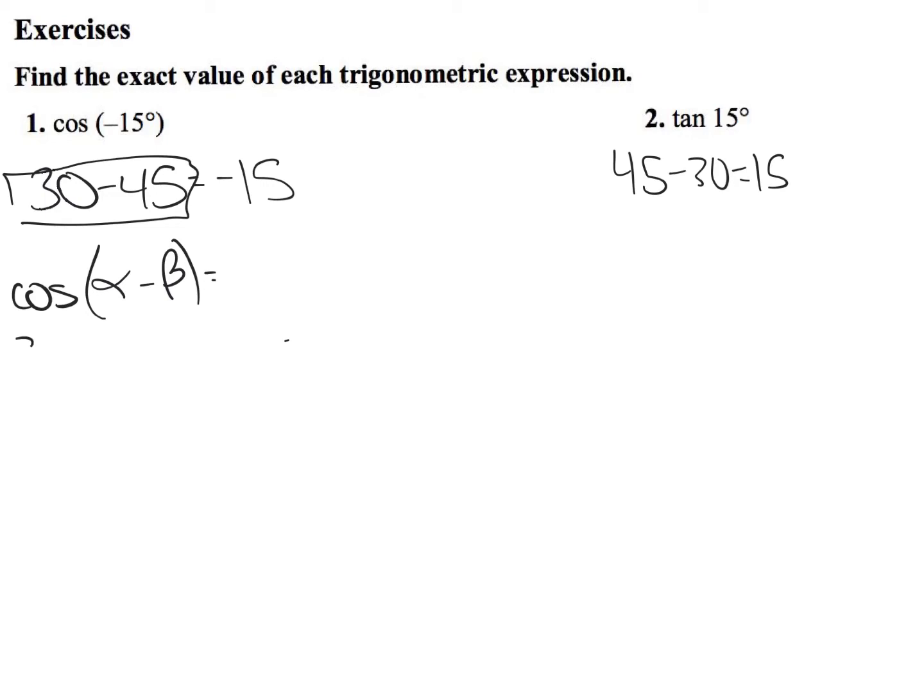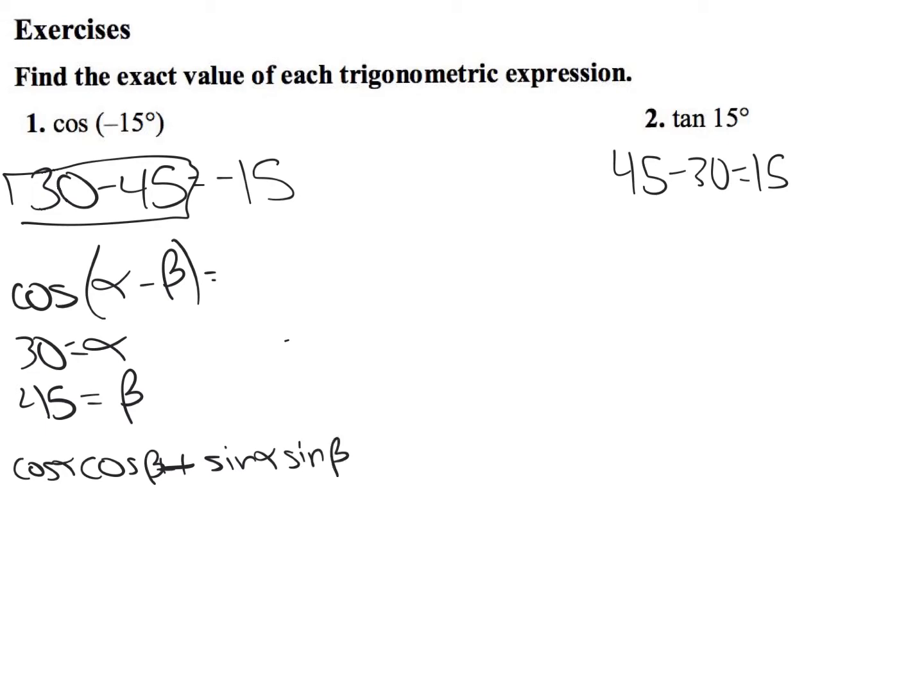So 30 is alpha, 45 is beta. Those are just our placeholders. So we see that we've got cosine alpha times cosine beta plus, not minus, that's bad, plus sine alpha sine beta.